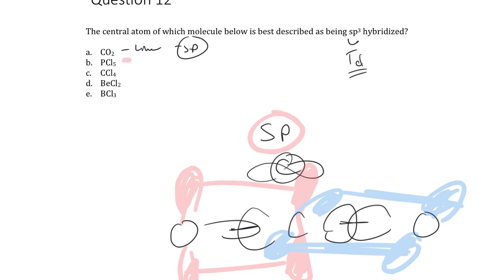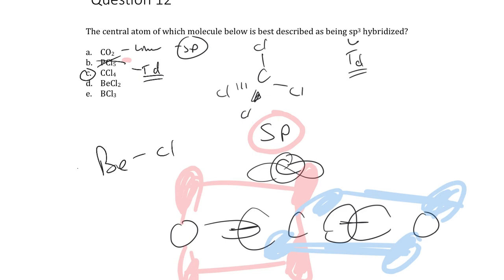PCl5, having 5 things attached, you have to have 4 things or fewer to be sp3, sp2, or sp. So this can't be any of those hybridizations. CCl4 is definitely a tetrahedral molecule, 4 single bonds, and so that definitely becomes sp3 hybridized. This is just picturing the 4 chlorines being tetrahedral. BeCl2 is going to be like CO2 just without the pi bonds.